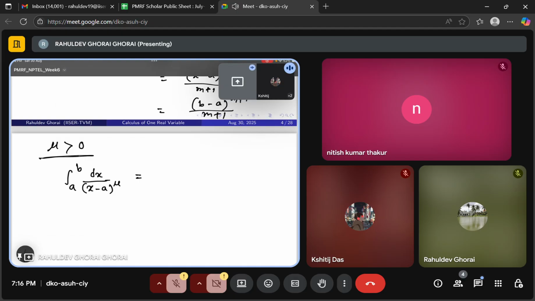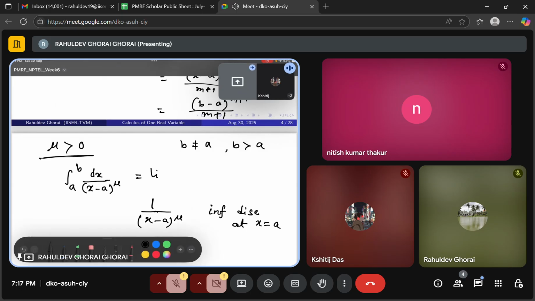Where does this function have a problem? b is strictly greater than a, that is given. Then 1 over x minus a to the power mu, if mu is strictly greater than 0, has an infinite discontinuity at x equal to a. At x equal to b it is not a problem, the function does not blow up there.